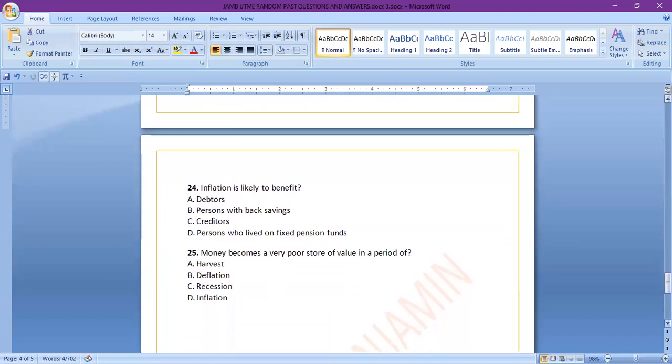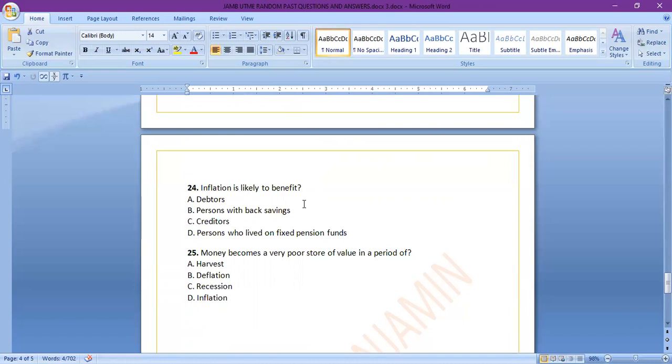Inflation is likely to benefit A, debtors, B, persons with bank savings, C, creditors, D, persons who live on fixed pension funds. Inflation is a general and persistent rise in the prices of goods and services over a period of time.